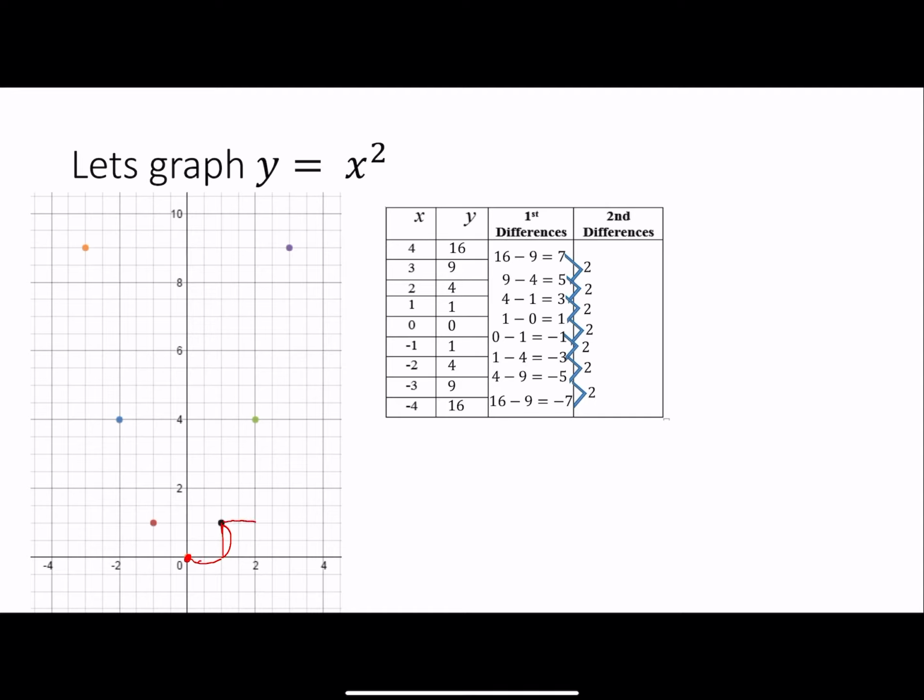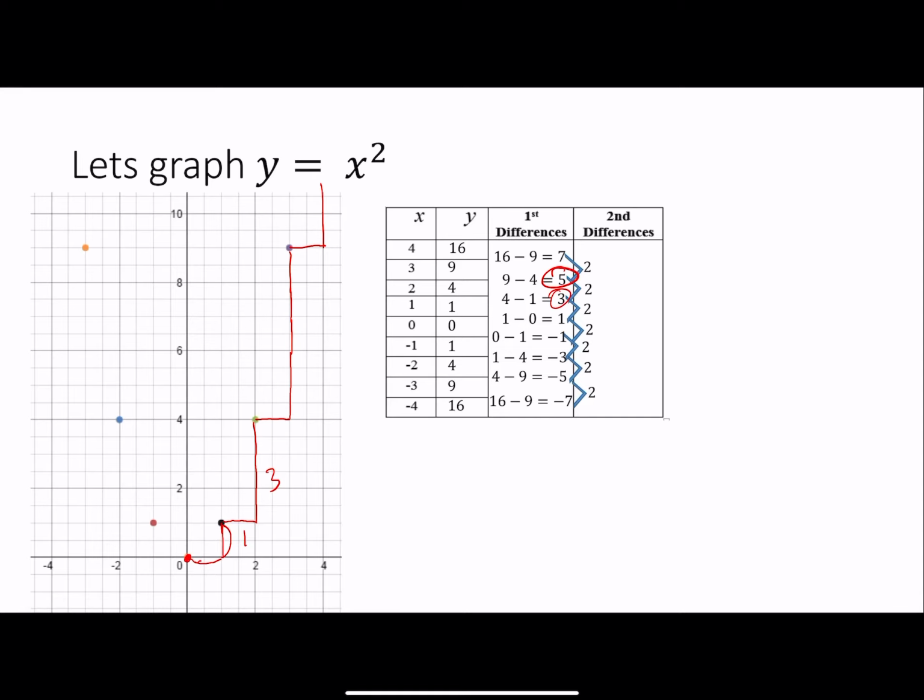Moving along the x-axis by 1, my next step will be, see how I circled that 3 there? 1, 2, 3. My next step will be 1, 2, 3, 4, 5. And my next step will be 7.